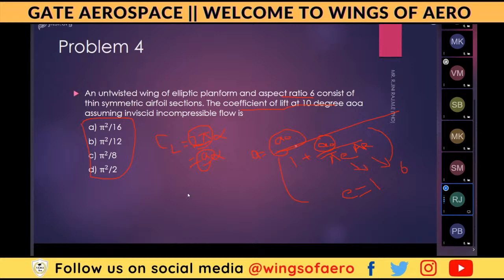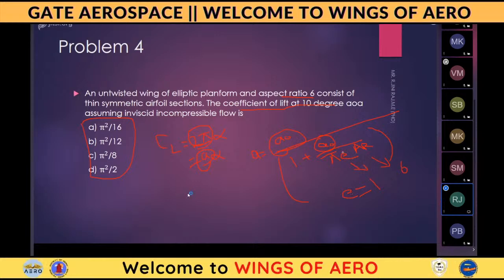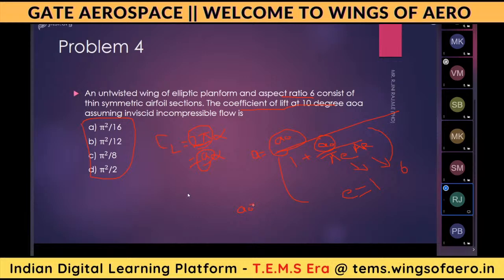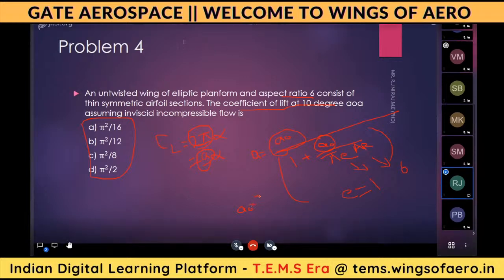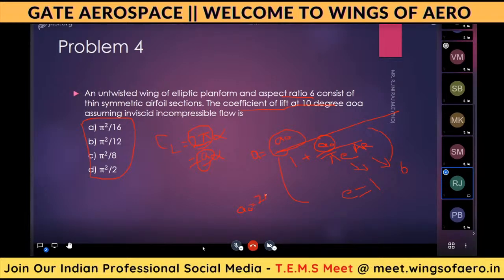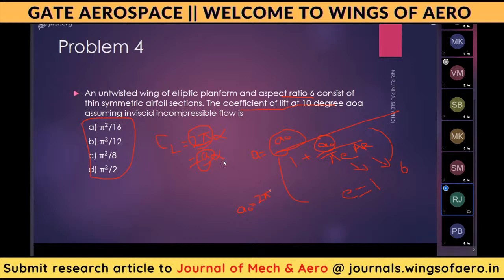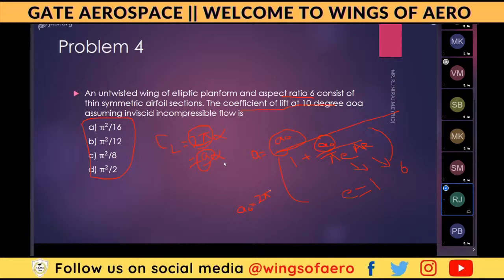So substitute the value for A naught, that is A naught equal to 2 into pi. Substitute this and find the answer. First find the answer for A value.